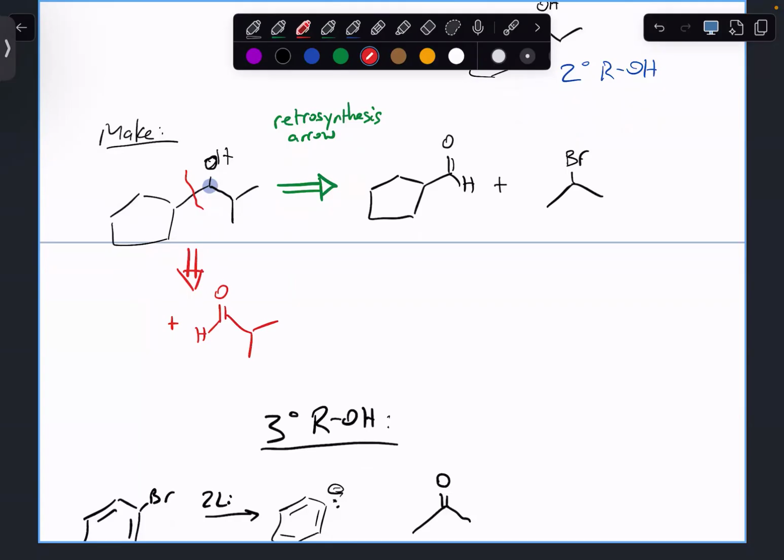So it's kind of the right-hand half of the molecule. And then the other piece must be the alkyl halide piece. In this case, it's the ring. Both of those would make the desired product.